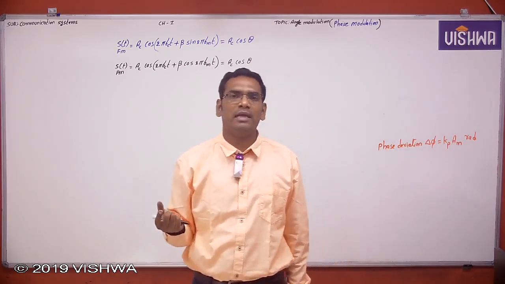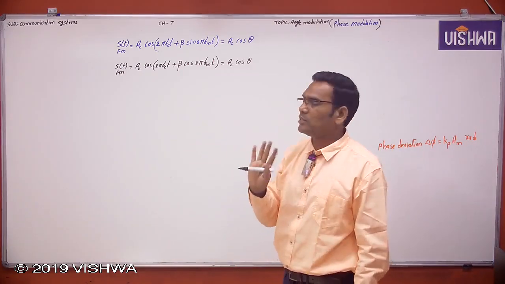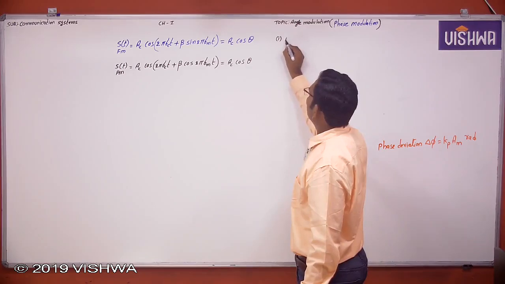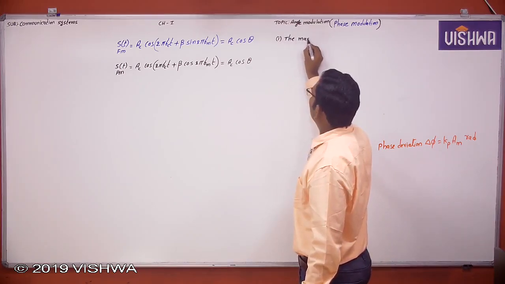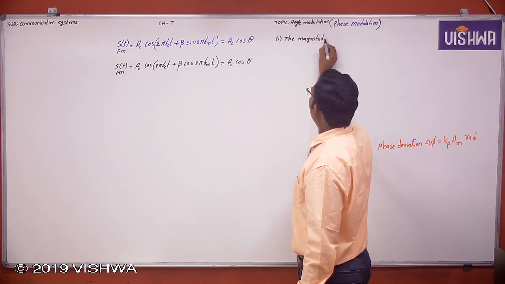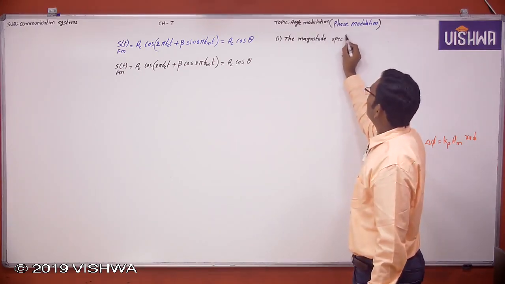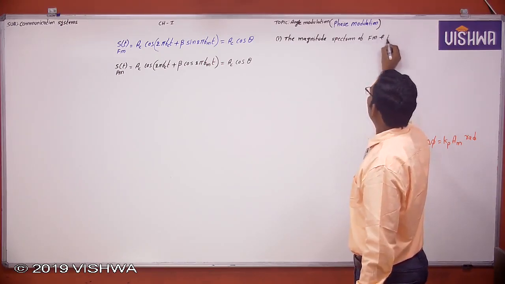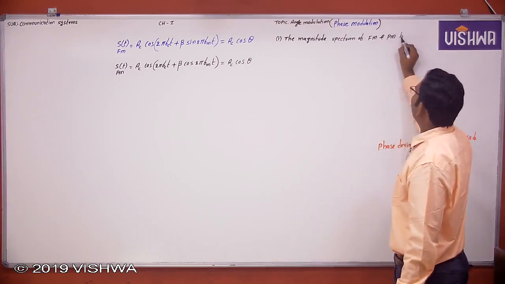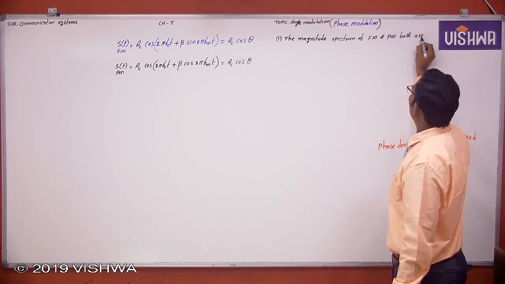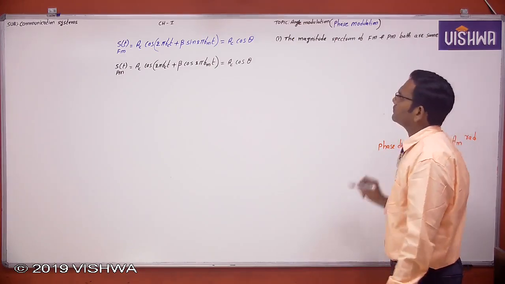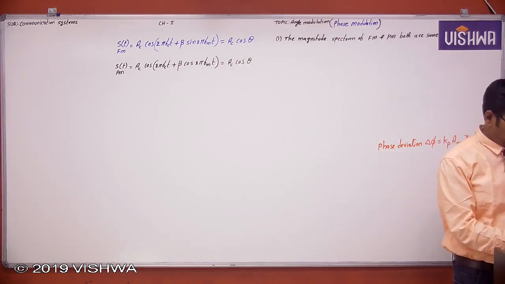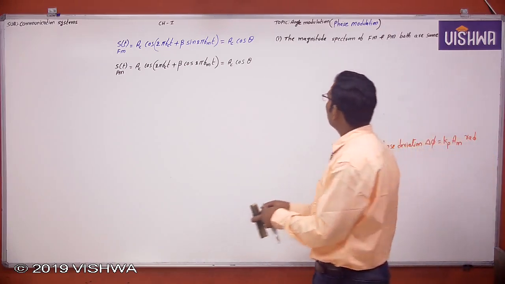Amplitude before modulation, after frequency modulation and after phase modulation is not affected. Therefore, the first point: the magnitude spectrum of FM and PM both are the same. So the power will be the same and the bandwidth will be the same. Is it right or not?